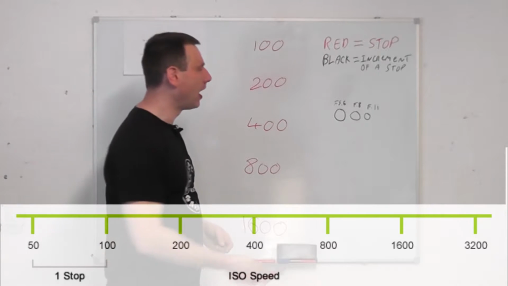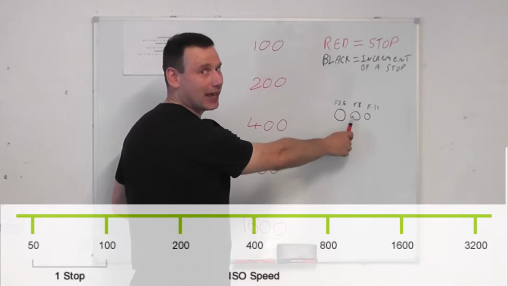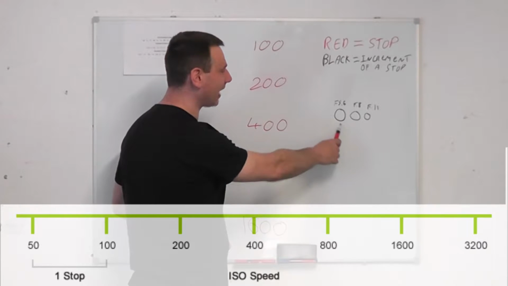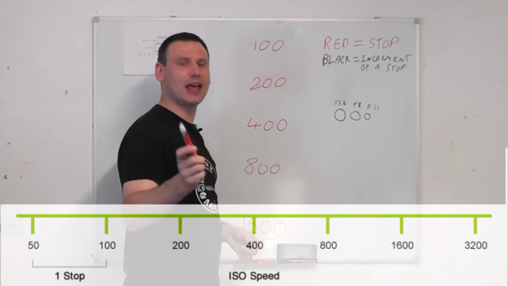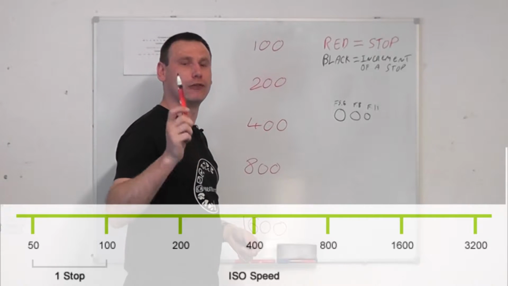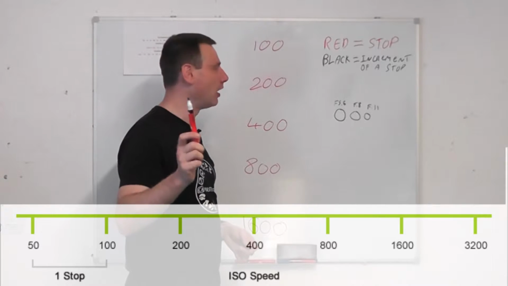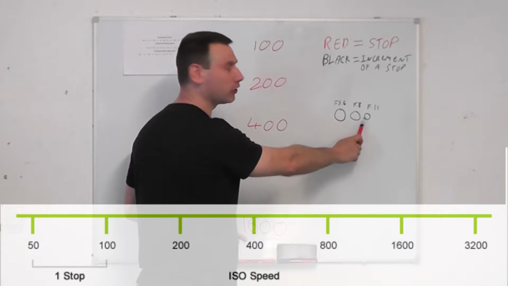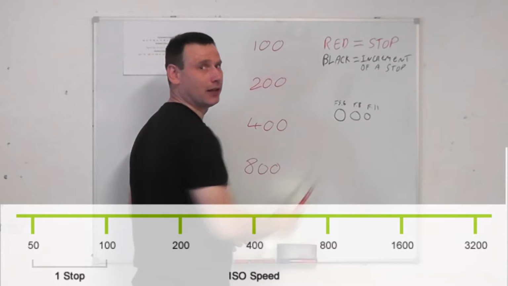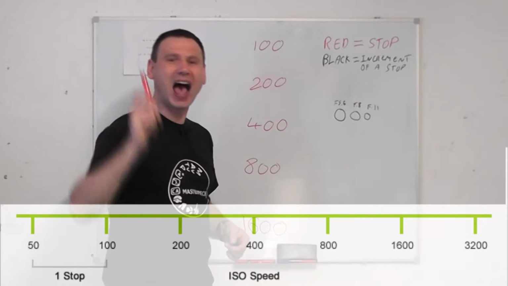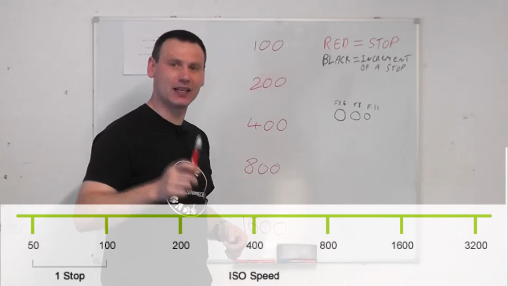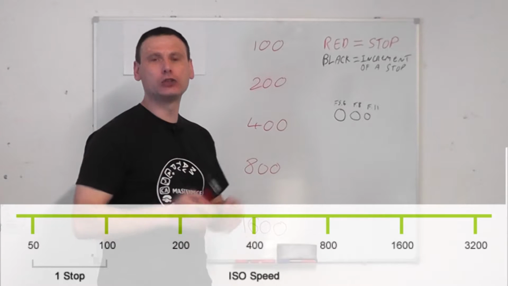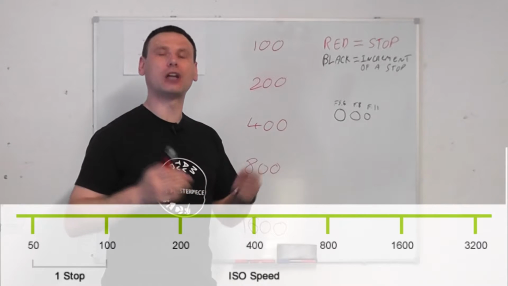For example, if you're on an aperture of f8 and you move up to an aperture of f6, then that means you've doubled the amount of light entering into the camera. However, if you're on f8 and you move down a stop to f11, then that means that you've halved the amount of light entering into the camera. So we're all aware of what stops are.